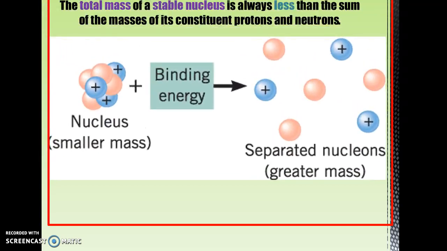So if you look at this diagram on the left, this might be a lithium nucleus, for example. It's got 3 protons, 4 neutrons.